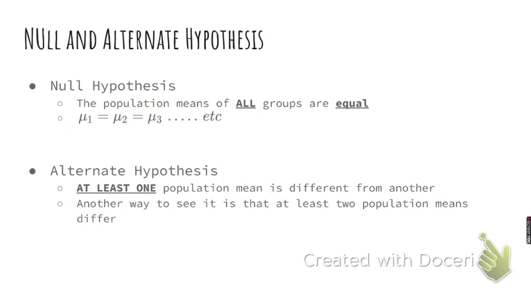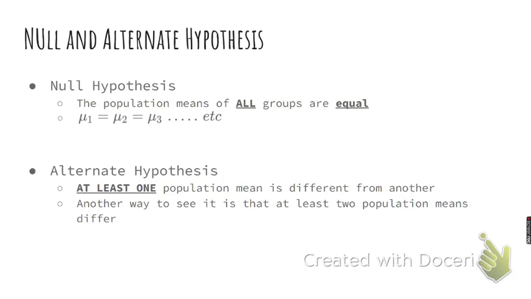Okay, so just like always, we've got our null and our alternate. The null is always equality. I've been stressing that for a couple months. It's not going to change. Hopefully that's ingrained in our brain by now. But the null hypothesis is equal. If we have 3 groups, then it's the mean of 1 equals the mean of 2 equals the mean of 3. If there's 100 groups, we would write that 100 times.